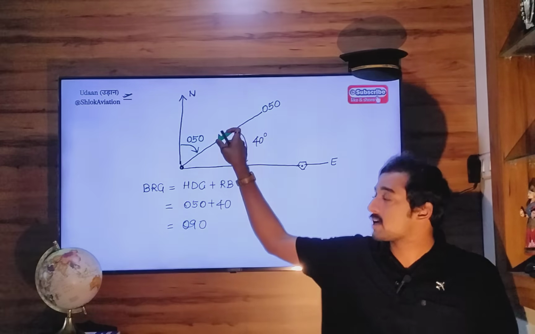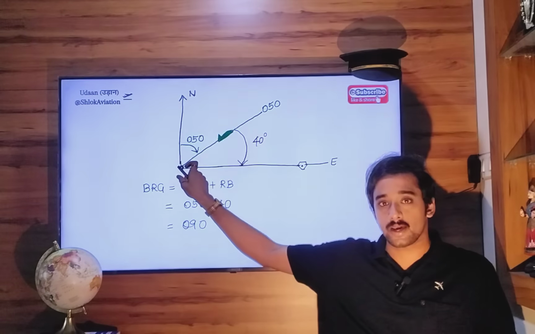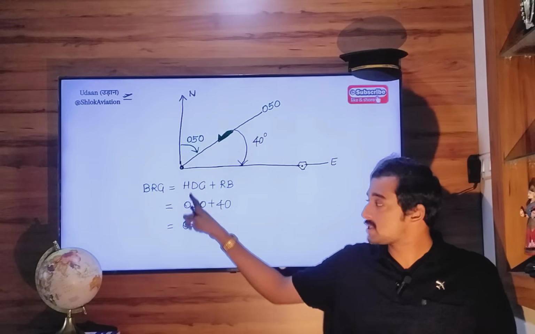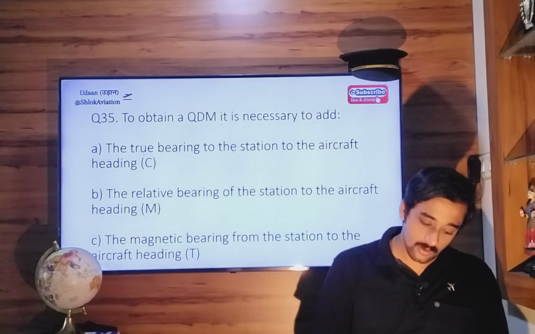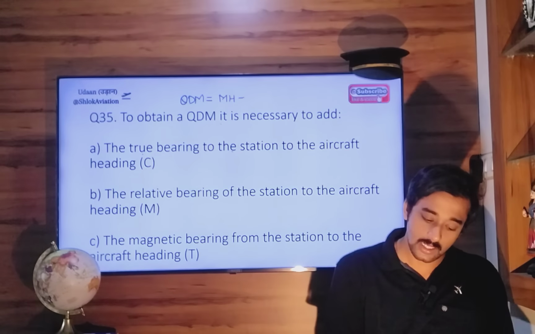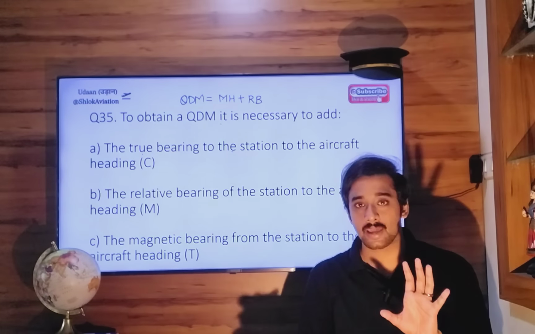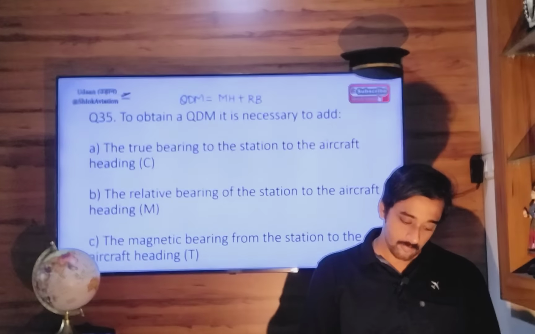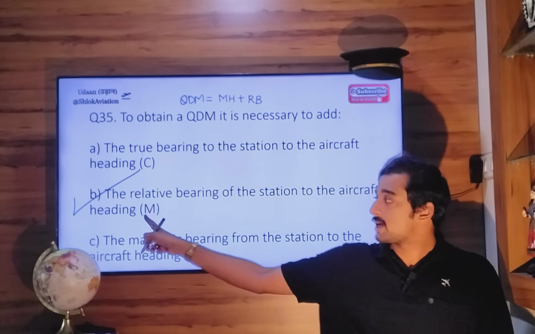I have drawn this aircraft here, but the correct way is to draw the aircraft at the center point, so that this addition is valid. So QDM, the magnetic bearing to the station, equals your magnetic heading plus relative bearing. The relative bearing cannot be magnetic or true, it's just the angular difference.